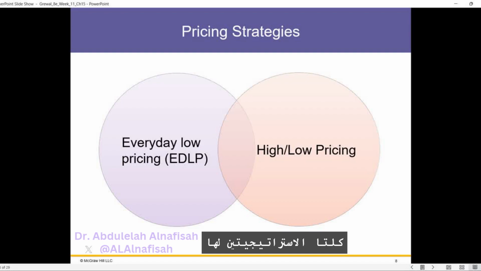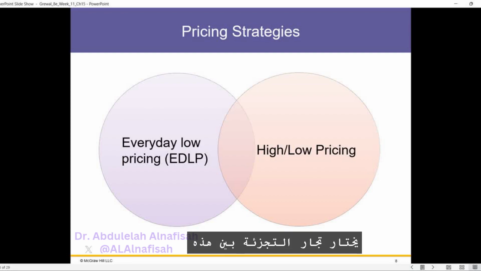Both strategies have their advantages and considerations. EDLP simplifies pricing for customers, offering them consistent low prices without the need to wait for sales events. It also helps create an image of affordability and value for the retailer. On the other hand, the high/low pricing strategy can generate excitement and attract customers during promotional periods, potentially leading to increased sales volumes.